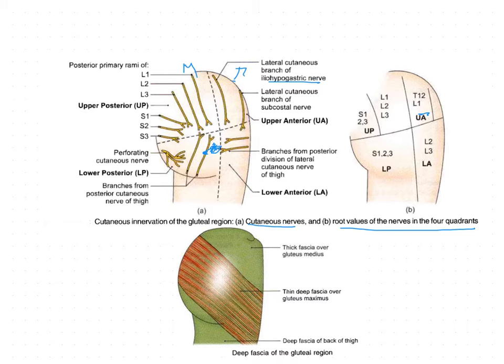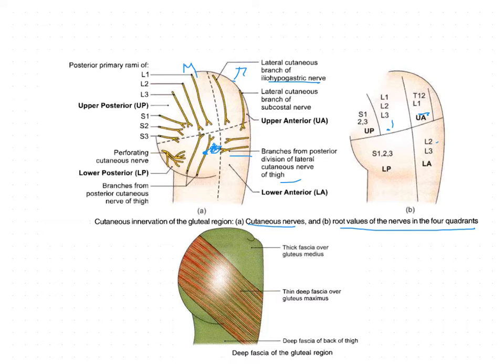In the upper and posterior part, which is supplied by the posterior primary rami of spinal nerves L1, L2 and L3. And the lower and anterior part is supplied by the branches from the posterior division of the cutaneous nerve of thigh.